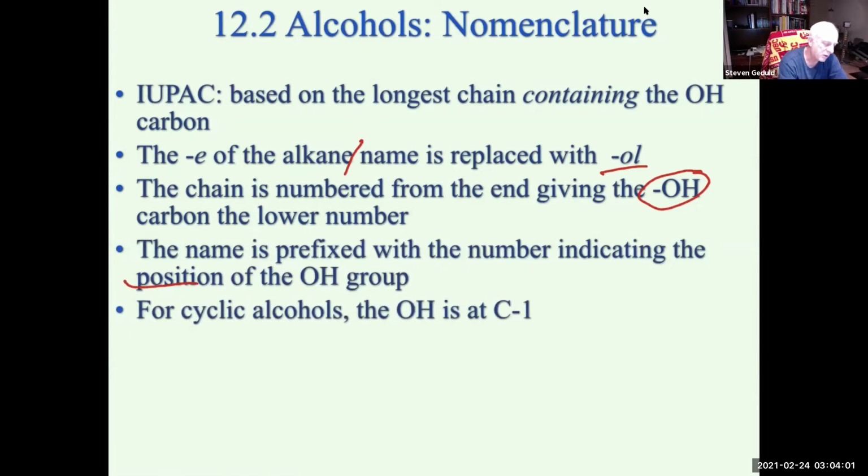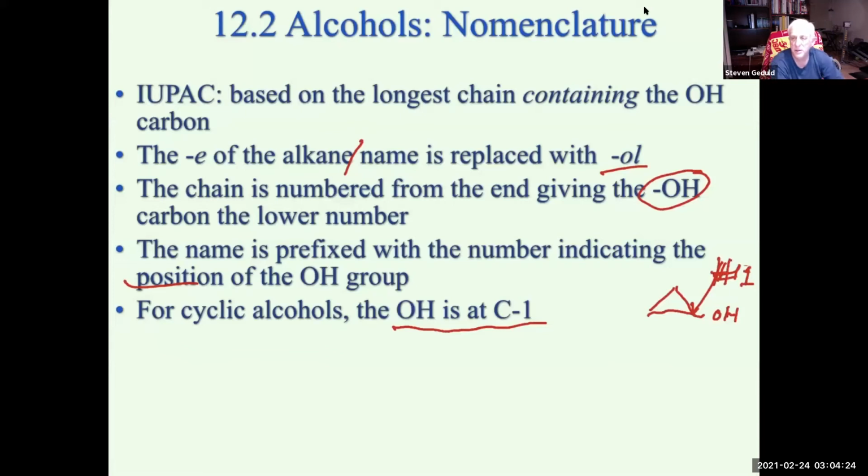For cyclic alcohols, the OH is at C1. So if you have any kind of cyclical compound, like cyclopropane, wherever I put the OH group, this becomes a number 1 carbon right here. Okay, that's a number 1.